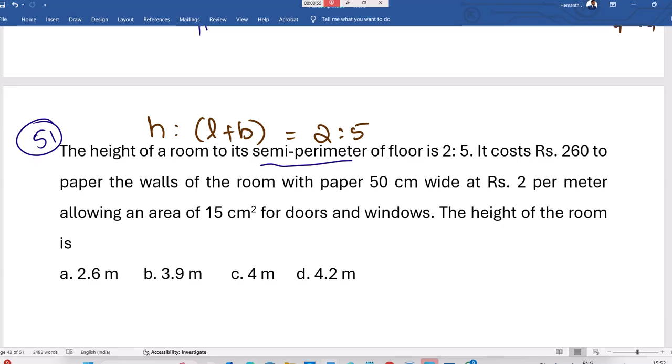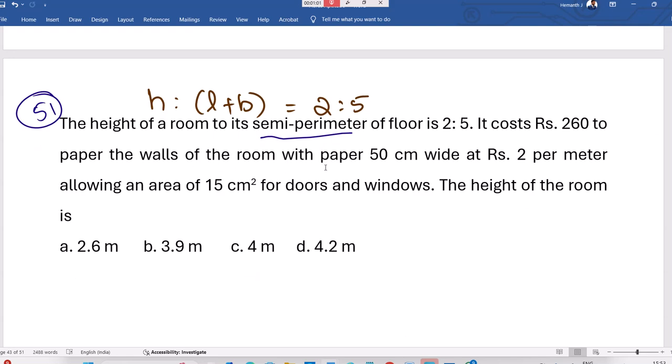Right. And then here if you observe, cost is 260 for paper of the walls of the room with paper 50 centimeter wide at 2 per meter. Now 260 divided by 2, it's 130 meters. Cost is 2 per meter, which indicates the length of the paper is 130 meters.